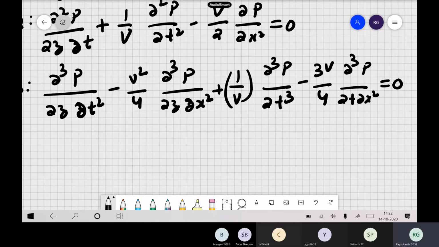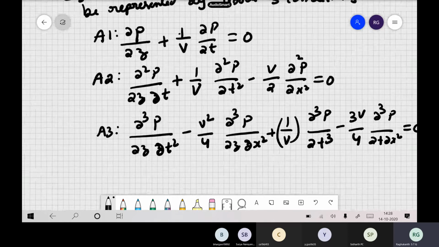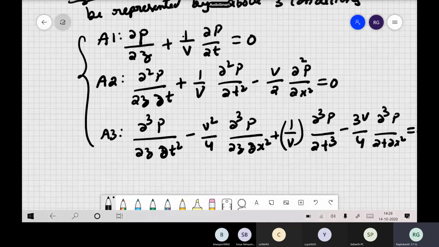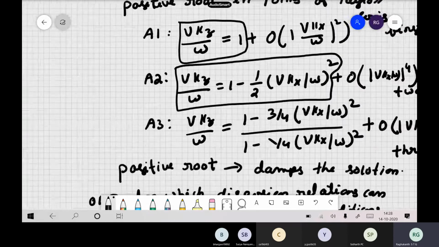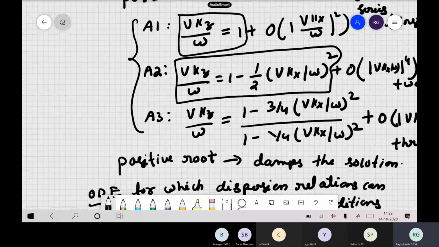So these are the three ODEs corresponding to these dispersion relations. This is the condition here. You followed it? So these are the dispersion relations for these three conditions.